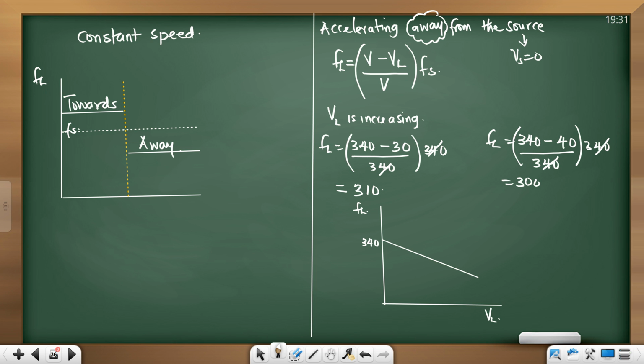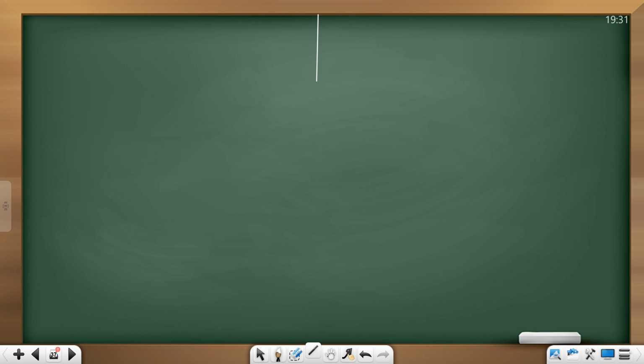Let me try something. I want you to sketch the graph. Can I give you one quickly? Five minutes. Sketch the graph. Are you ready? Okay. Please sketch the graph: source accelerating.